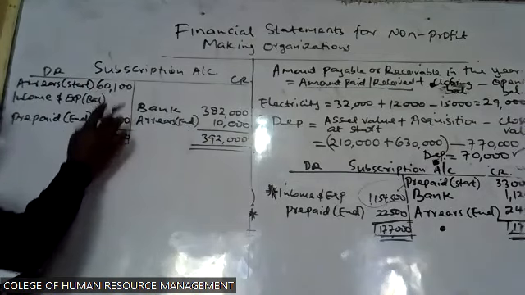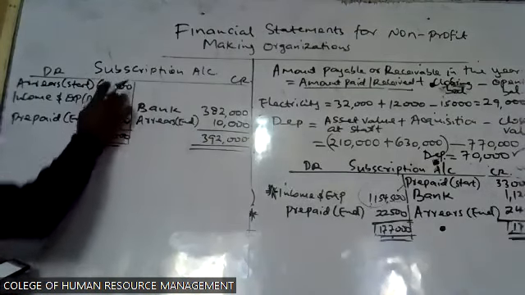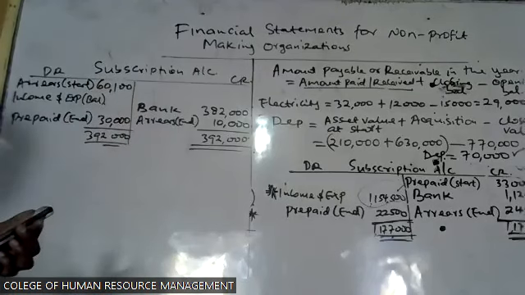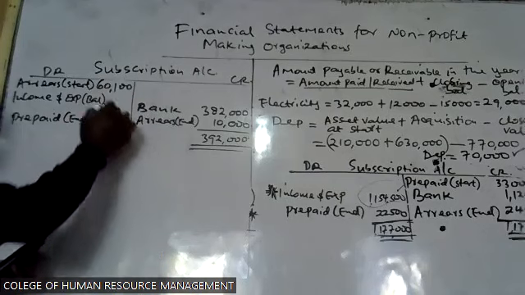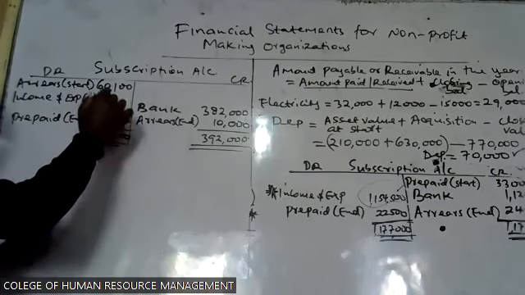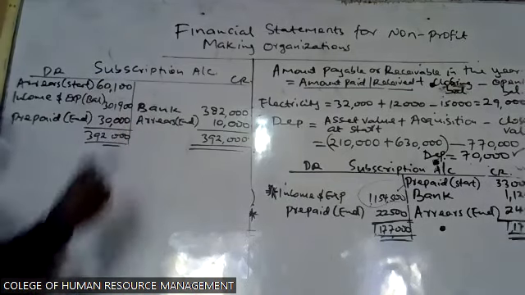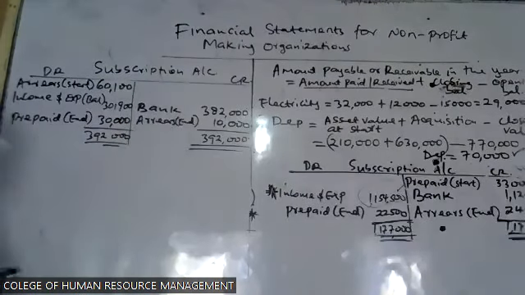So what is the balance figure? We minus 60,100 plus 30,000. That is 90,100. 392,000, you minus 90,100. You get 301,900. That figure is what we shall take to the income and expenditure. That is the end of the subscription account.